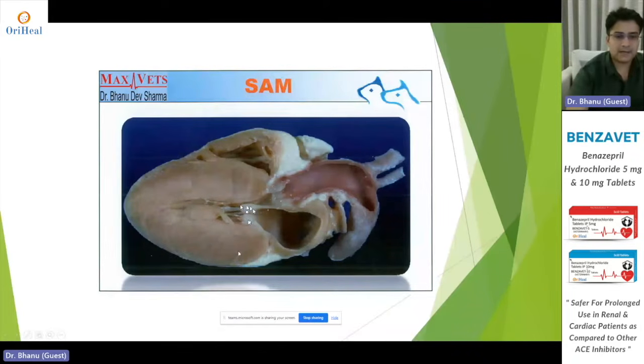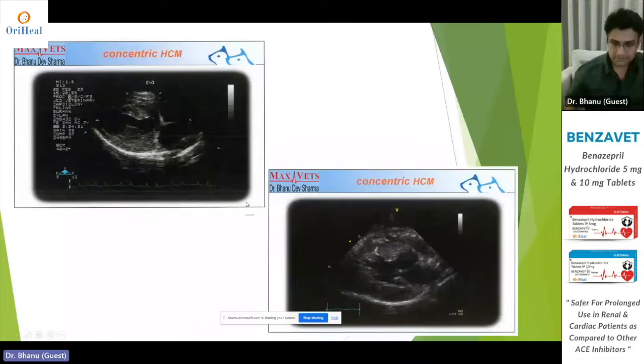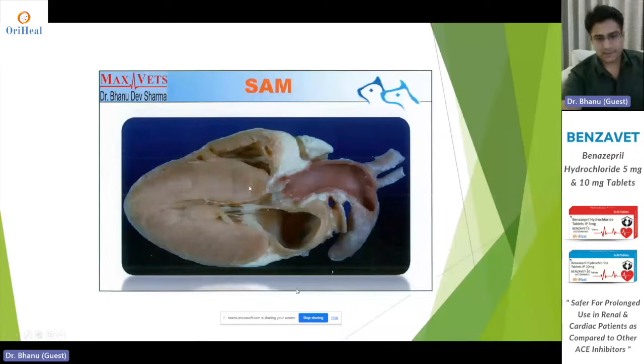In SAM, what is happening is that this anterior leaflet of the mitral valve is coming in contact with the IV septum. And as a result of this contact of the anterior mitral valve leaflet and the IV septum, there is an obstruction in the left ventricular outflow tract. So, if we carefully observe the left atrium, it is going to contract and push blood into the left ventricle.